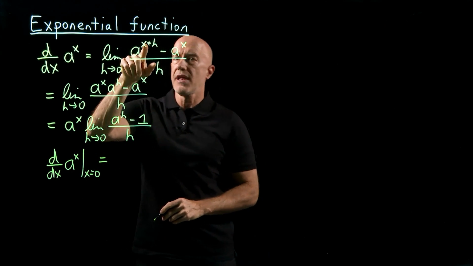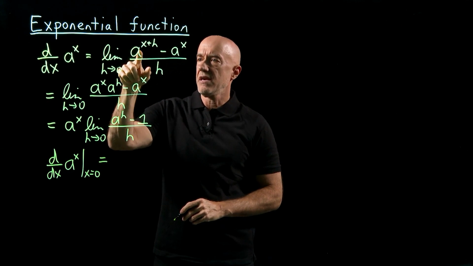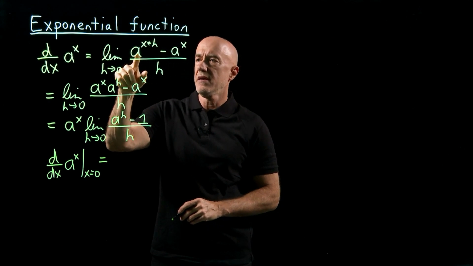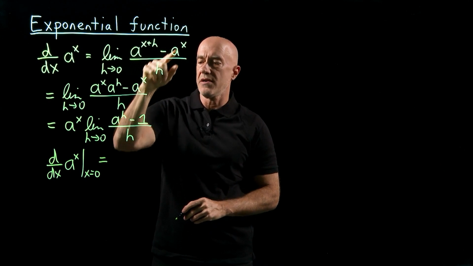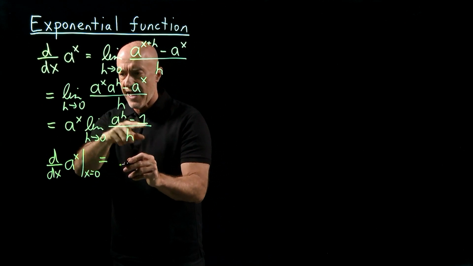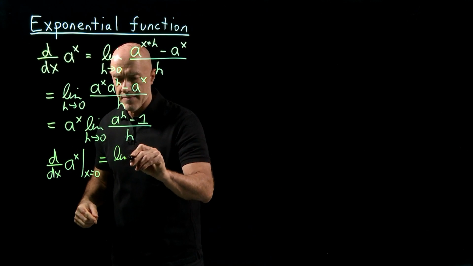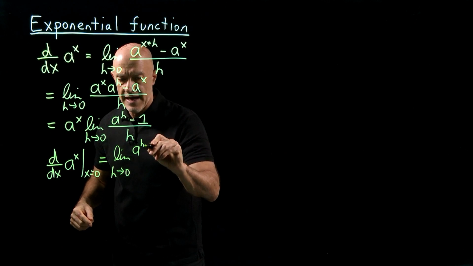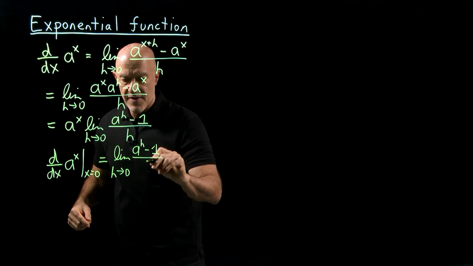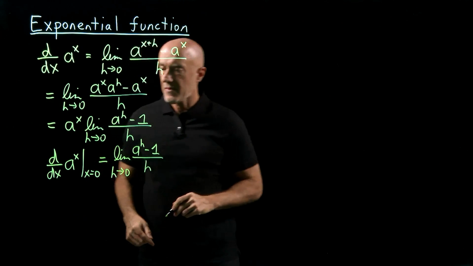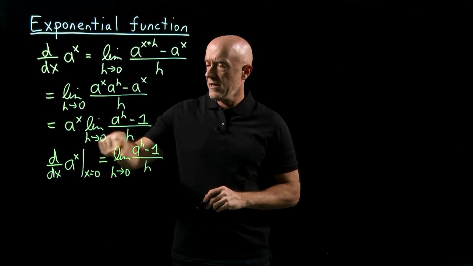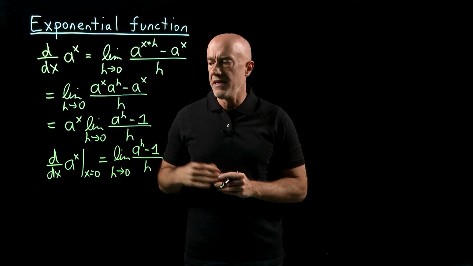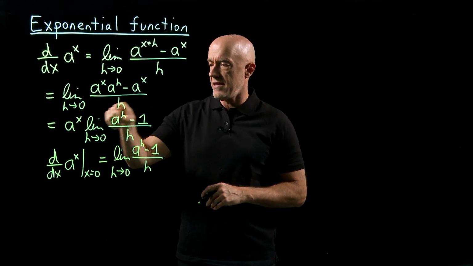Then if we substitute x equals 0 here, it would be a to the h minus a to the 0, which is 1. So a to the h minus 1 over h. So that, in fact, is equal to this limit as h goes to 0 of a to the h minus 1 divided by h.